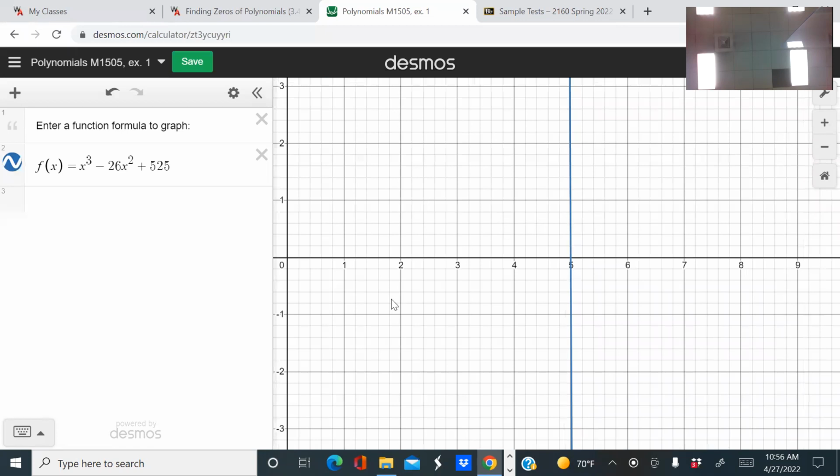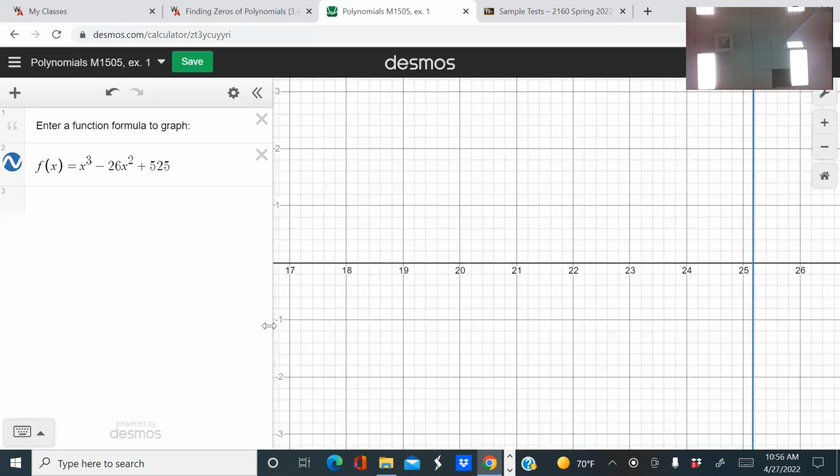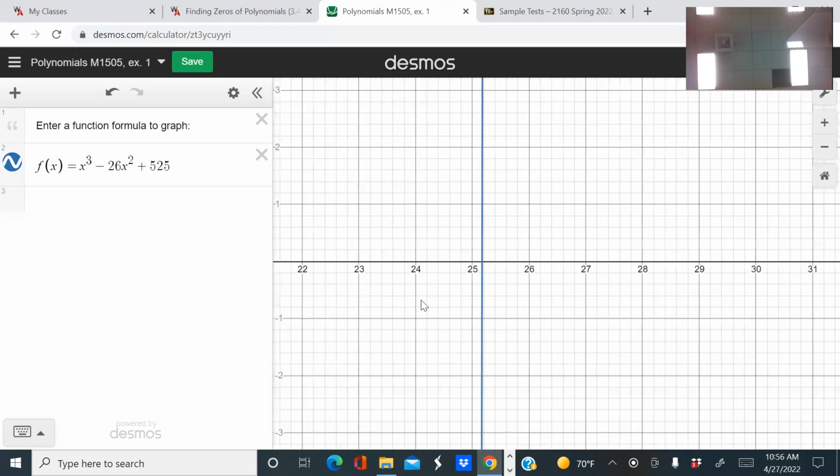And then there's another one way over here, right there, at 25.171. So those you can find exactly using the quadratic formula once you have factored out the b minus 5. So see how to solve that one? Sometimes the graphs really are useful.